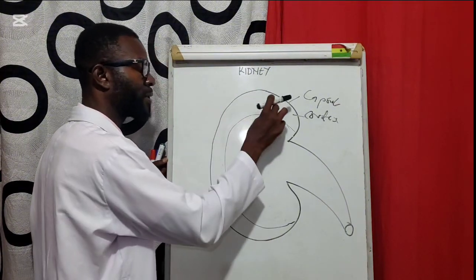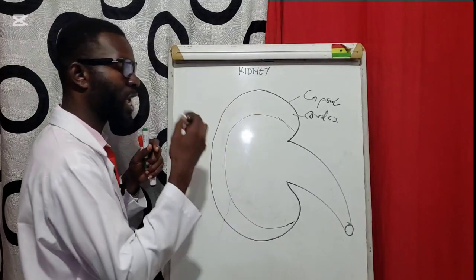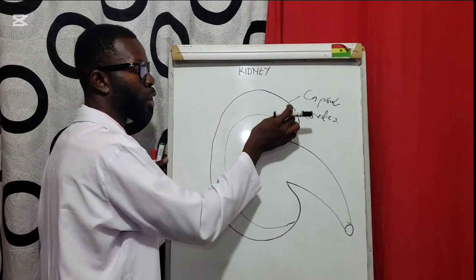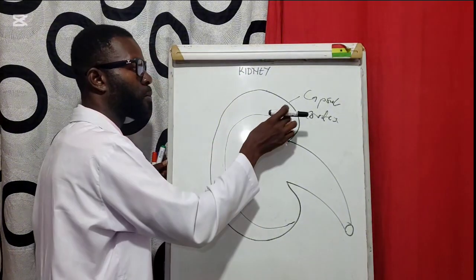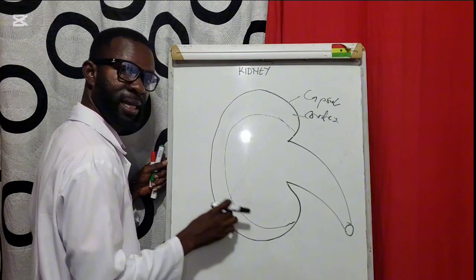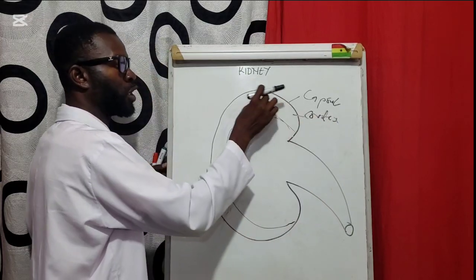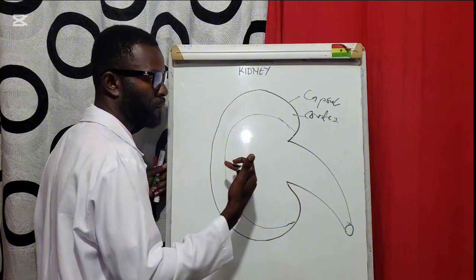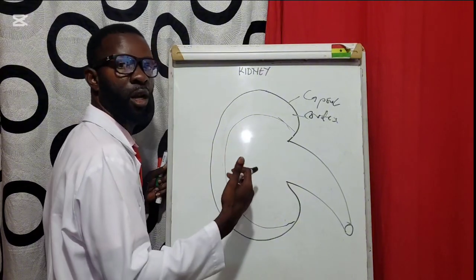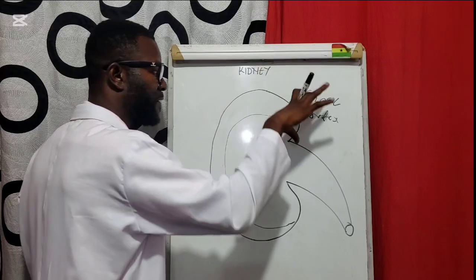And at this area, that is where we get a lot of hormone production, like erythropoietin, because these hormones play a very big role, and they are from this cortex. So that is the function of the cortex: filtration and also production of hormones like erythropoietin. There are so many functions. We'll take time and go deep into the functions.